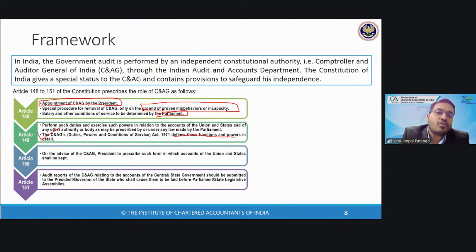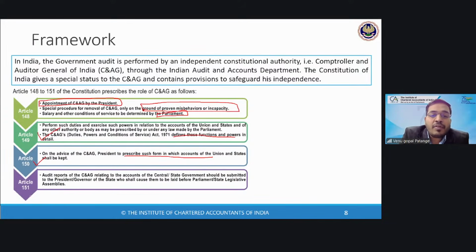Going further, you will also understand how C&AG helps financial committees, how C&AG helps Parliament, and the role C&AG plays with these departments. So Article 149 we'll discuss in detail. Next, in which form the accounts have to be submitted will be told by Article 150.